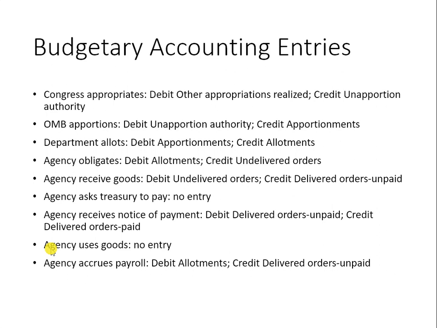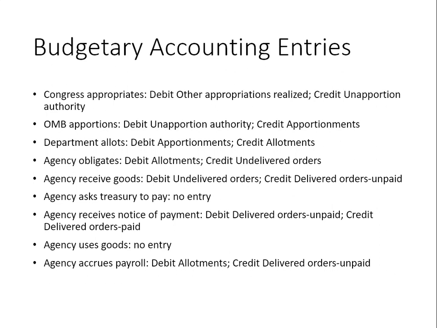If the agency wants to accrue some of those spendings, like accrued payroll, it's going to debit allotments and credit delivered orders unpaid. And then in the next period, they're going to ask the Treasury to make the payment. These are the budgetary accounting entries.